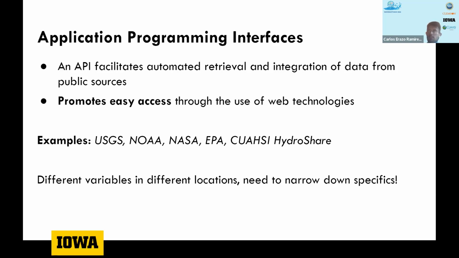I'm sure that you guys use a lot of them too. There are different variables that you can obtain for different locations, and each of the agencies that I'm mentioning have different endpoints. So an endpoint is how you reach out to this application programming interface for narrowing down specifics, right?